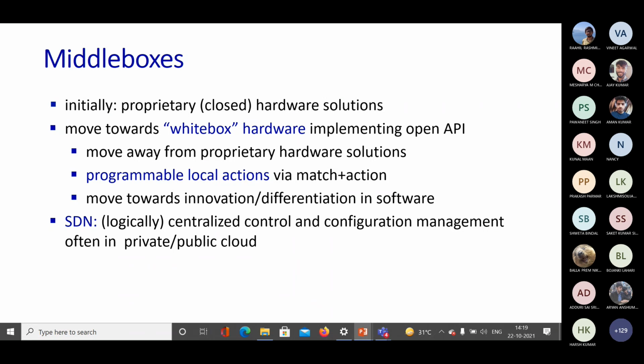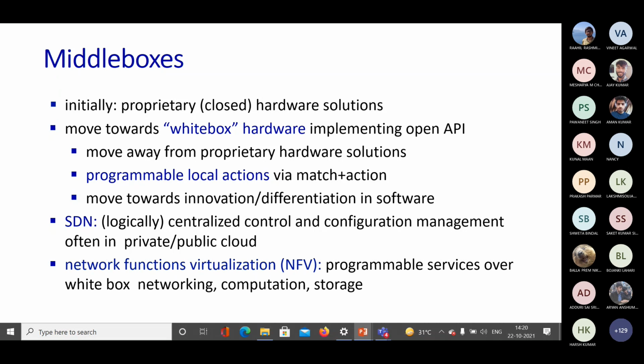Those information are not required to be exchanged because there is a centralized control already. Okay. And where is this centralized control happening? This happens at either a private cloud or a public cloud. Okay. So for implementing this concept of SDN, middle boxes play a very important role.